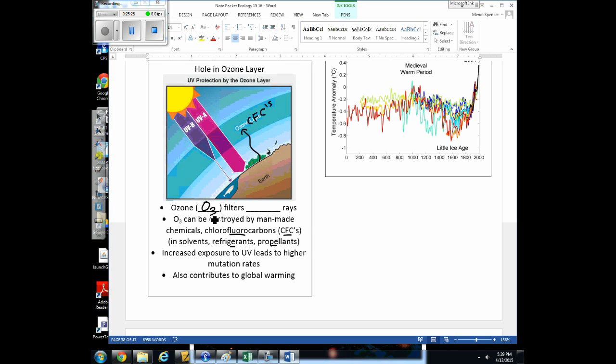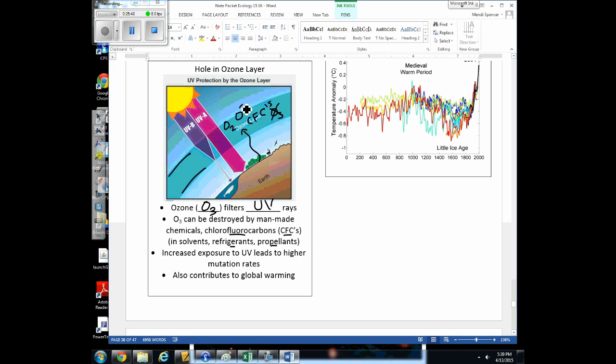So it's actually a pollutant whenever it's close to the Earth's surface, but when it's up here in the atmosphere, it acts as a filter for the sun's UV rays. It doesn't block all the UV rays, but it blocks a proportion of them. These CFCs are floating up into the ozone layer, and they were reacting with the O3, and they were breaking it up.